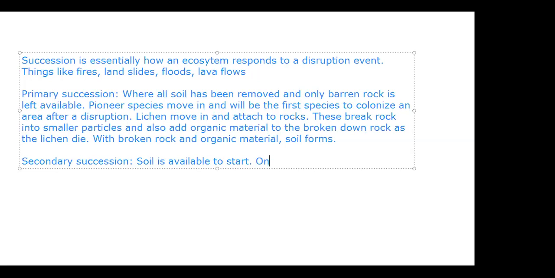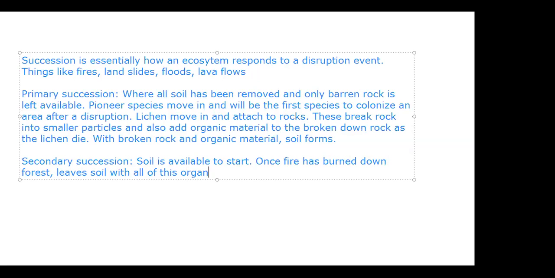So once fire has burned down forest, okay, that is going to leave soil with all of this organic burnt nutrients, okay? That burning of the trees and the shrubs and all of these different things is going to lead you to have more nutrients in your soil. Your soils will be very rich.